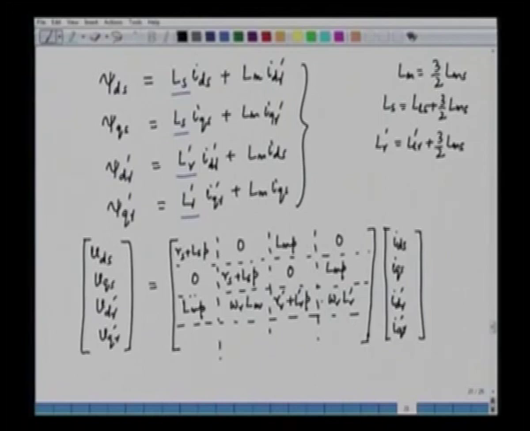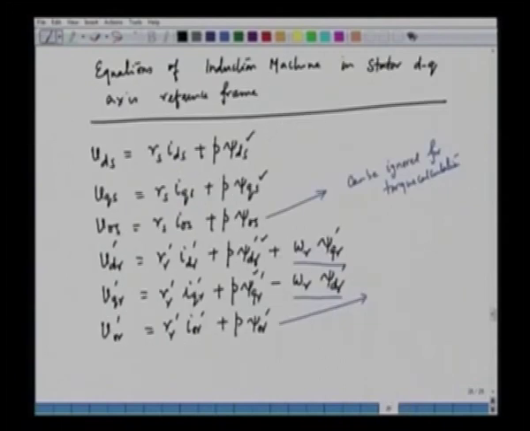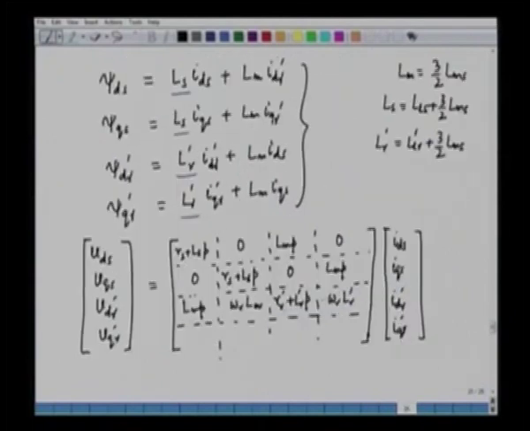The q axis one is coming into picture here. As per our previous equation, this is positive, so we have this positive sign here, and then here also we have plus sign in this case, and for the fourth row we have RR plus LR prime P.